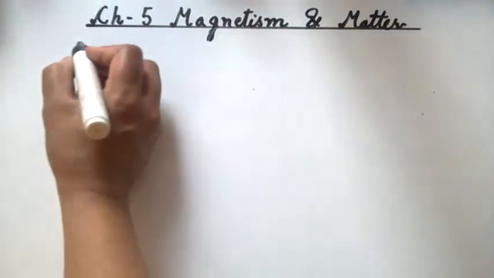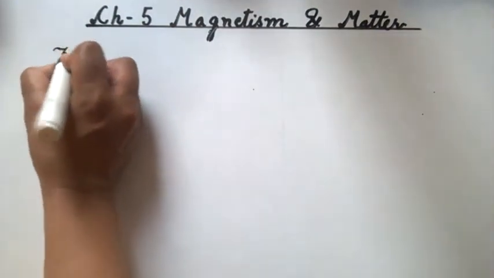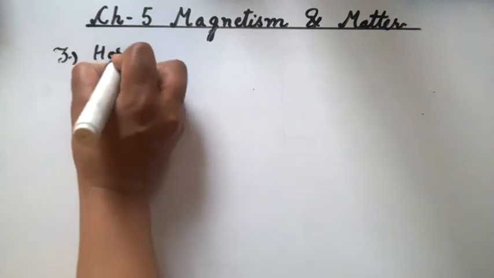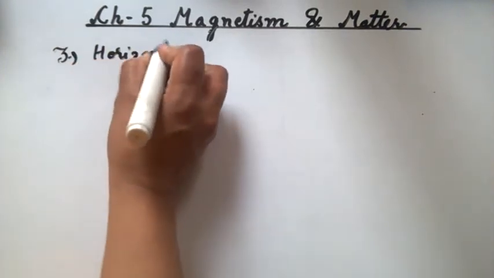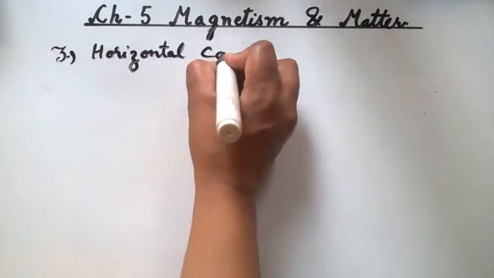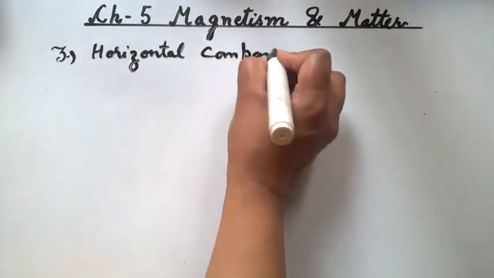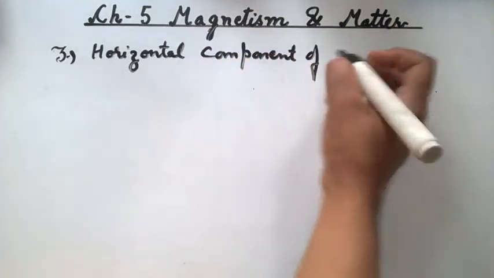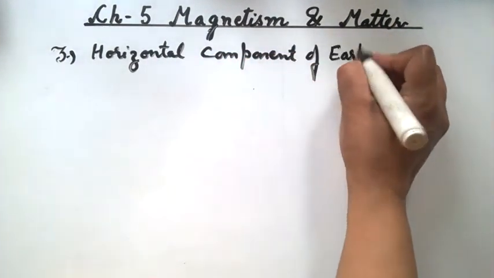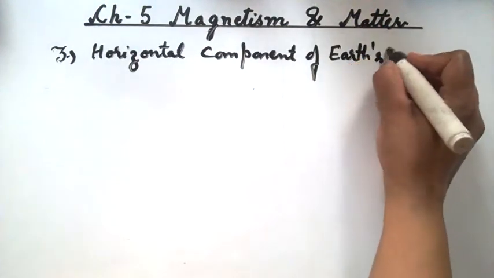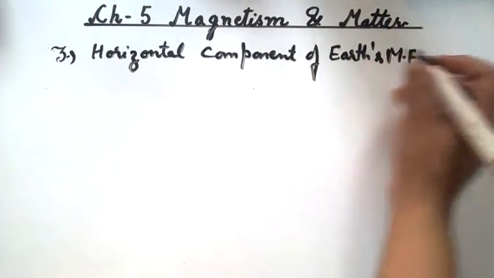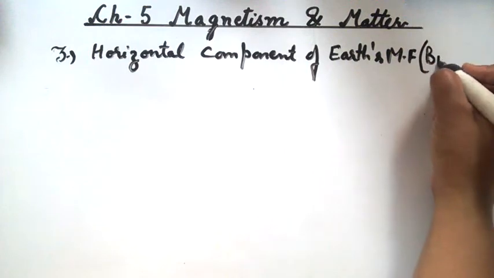Now the third magnetic element is horizontal component of Earth's magnetic field, that is BH.